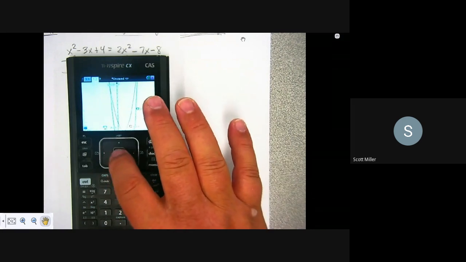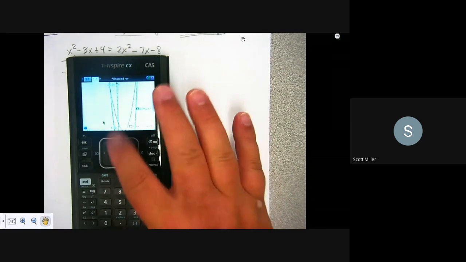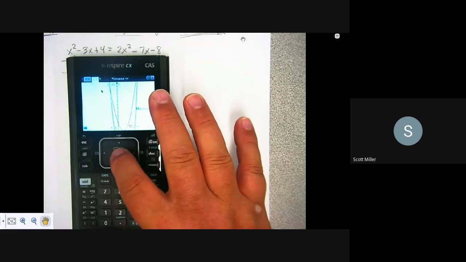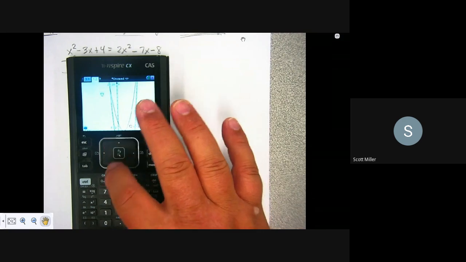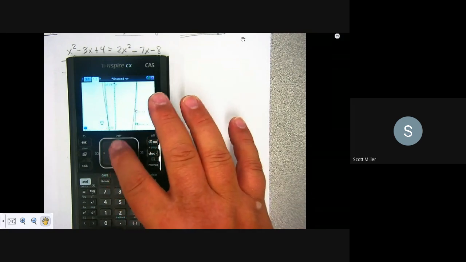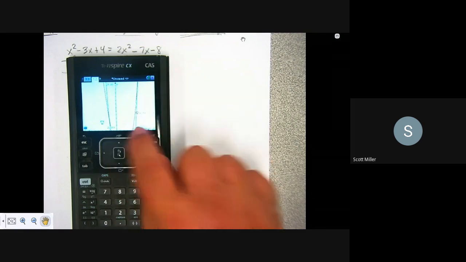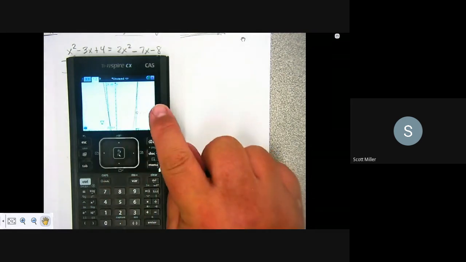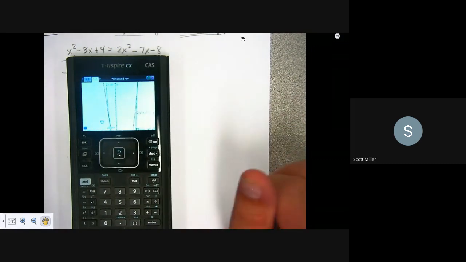And if I can't see it, I can let go back up, at the top, do it again, and slide it all the way down. So you can see right about there is where they're crossing, and right about there is where they're crossing. So that's one technique.